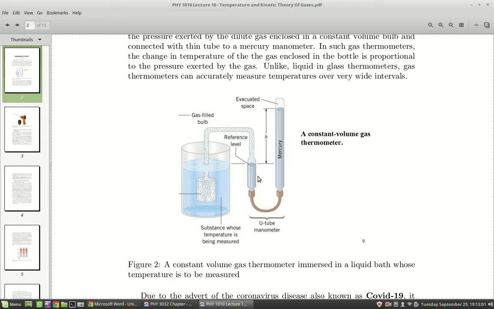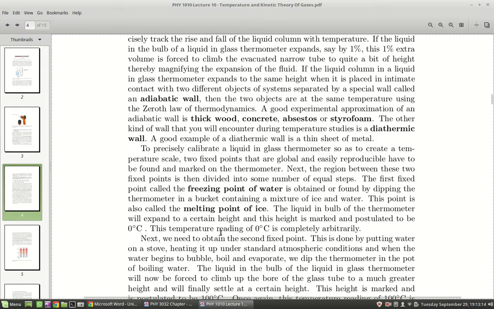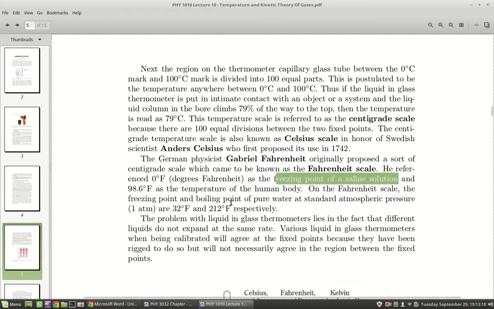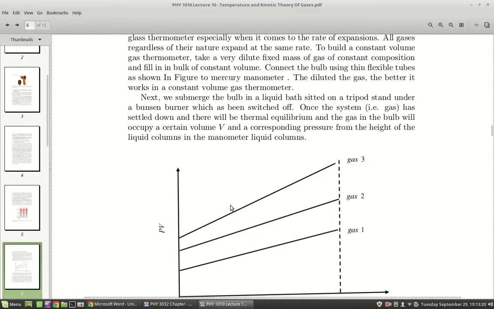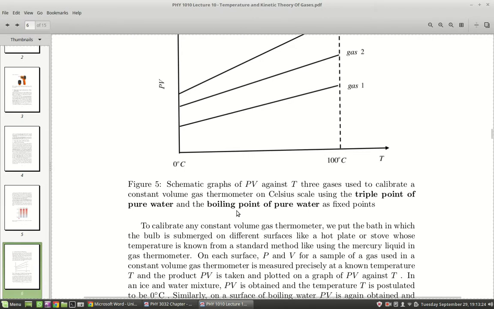The gas thermometer needs to be calibrated. So the first thing you actually do is you submerge your gas thermometer in a mixture of ice and pure water.